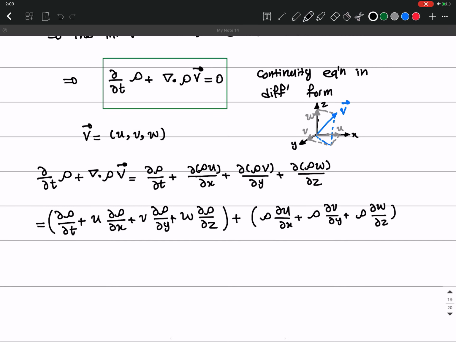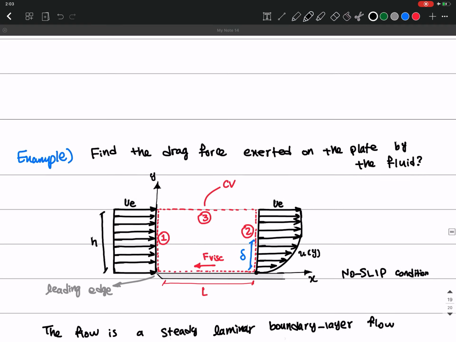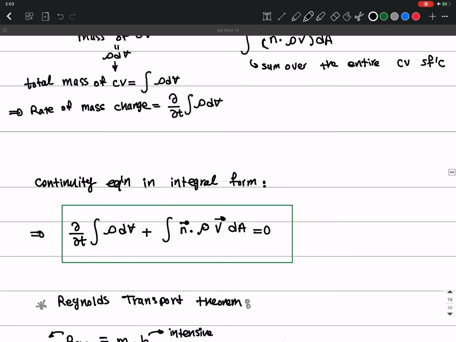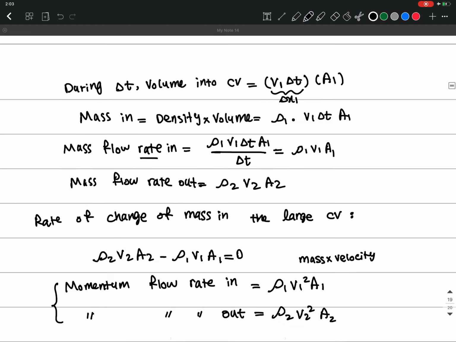And what is this? What is this? And what is this? We know this from before. One is the total derivative. Let me bring this.